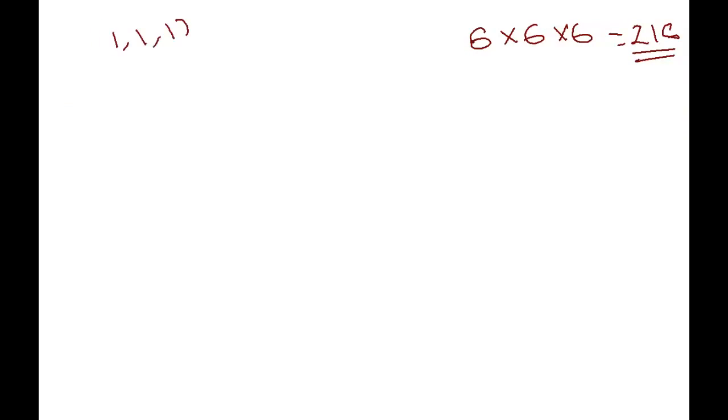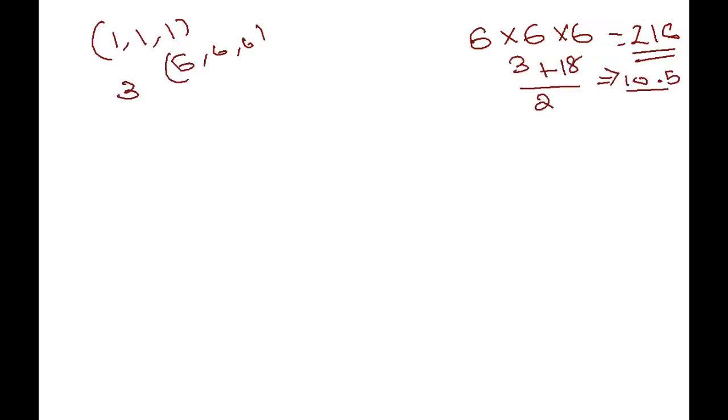So minimum sum is 3. Good. And maximum goes up to what? 6, 6, 6, 18. Good. So mid value என்ன? 3 க்கும் 18 க்கும் நடுவில் இருக்கணும். So 3 plus 18 divided by 2, நமக்கு என்ன வரும்? 21 by 2 which is 10.5.